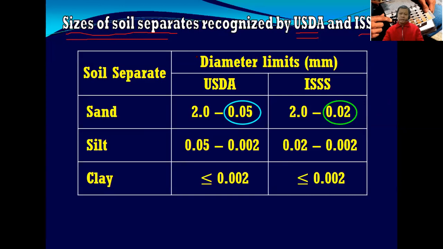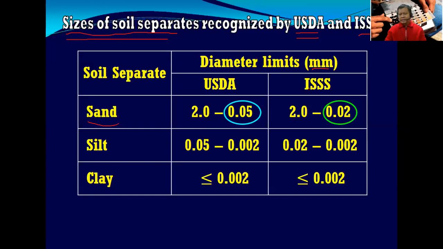In this example, the diameter of sand is expressed in millimeters. In the USDA, the upper limit diameter of sand is 2 mm, down to 0.05 mm.